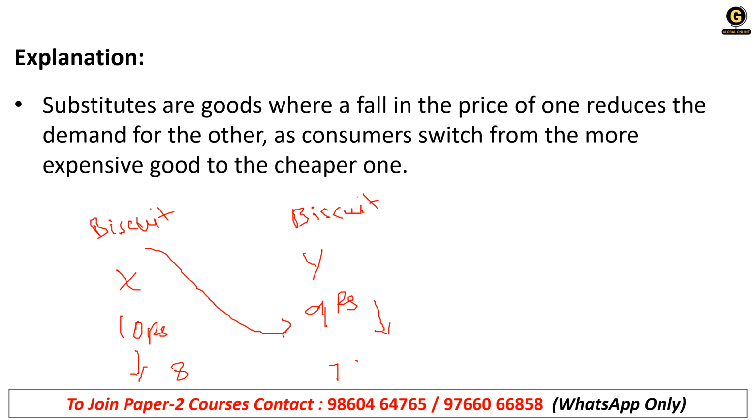So this product will give more benefit in price, your money will be saved more, right? Obviously, both products are giving the same satisfaction, maybe, but the price of X is decreased and the price of Y is also decreased, so people will shift to the cheaper biscuit, not the expensive one.